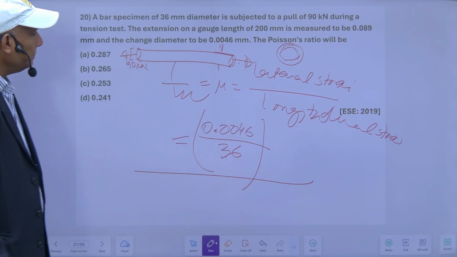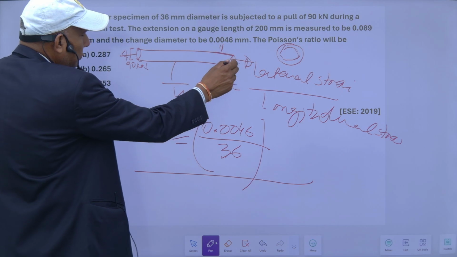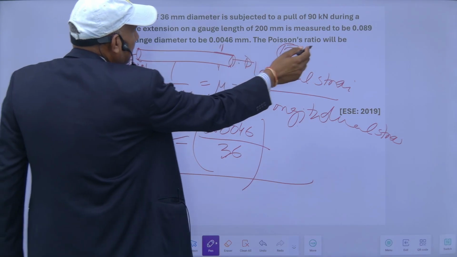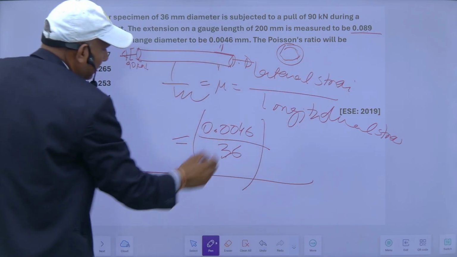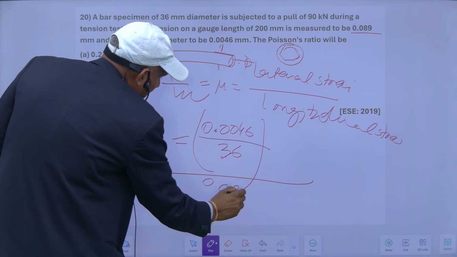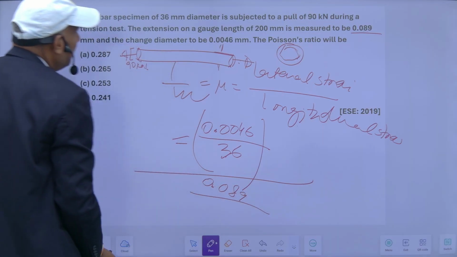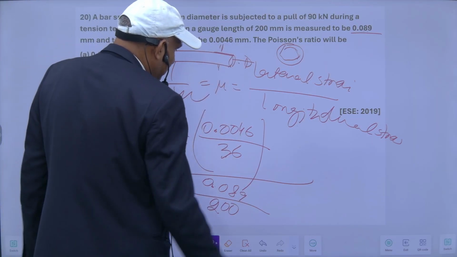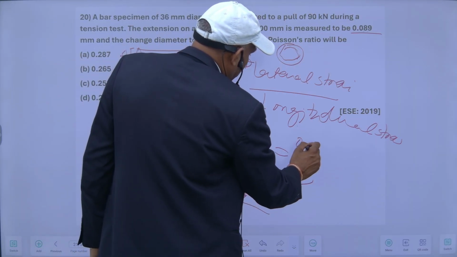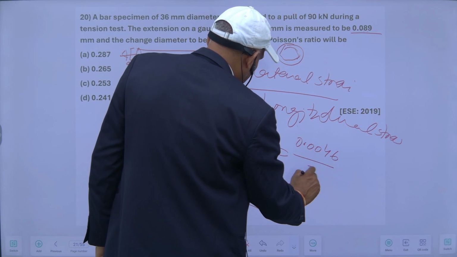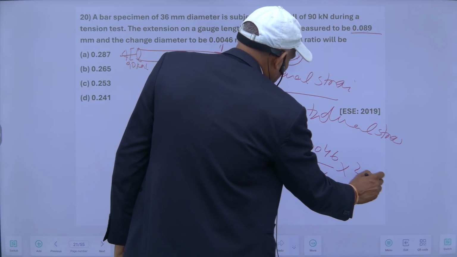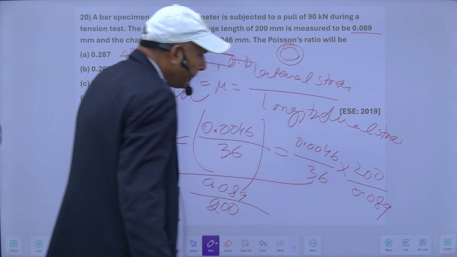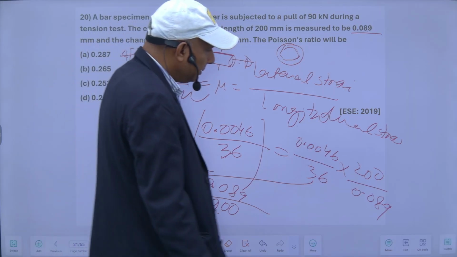Longitudinal strain means my change in length, this is 0.089, upon its original length, this is 200. So this will be equal to 0.0046 upon 36 into 200 upon 0.089.